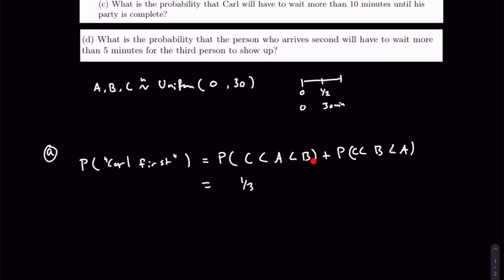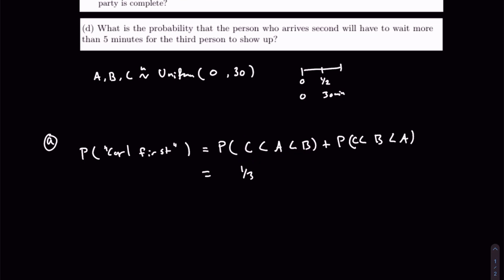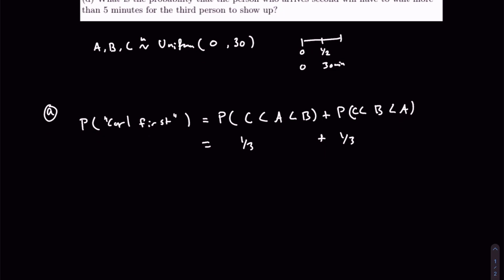So this arrangement here is just 1/3, and the same with the other probability. Okay, and then that leads to, actually, I just realized I made a mistake here, which is that it shouldn't be 1/3.